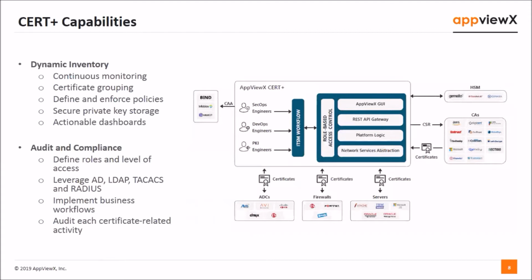Auditing and compliance, the ability to define roles and levels of access to take actionable items, the ability to leverage external authentication mechanisms that are already being used in place as your existing IAM, that's Identity and Access Management, policy structure.